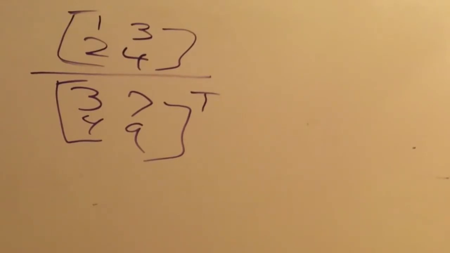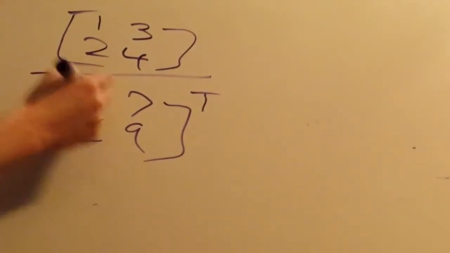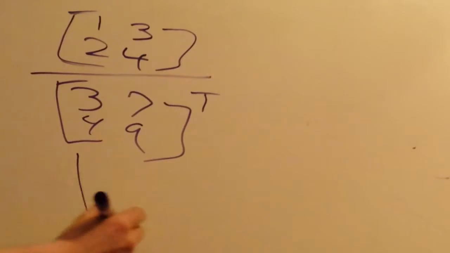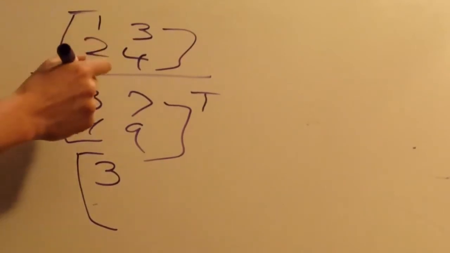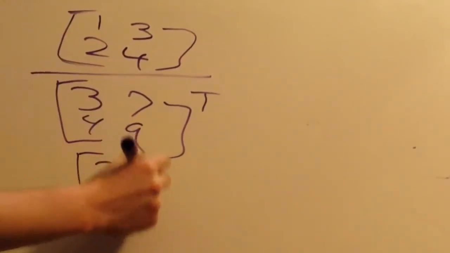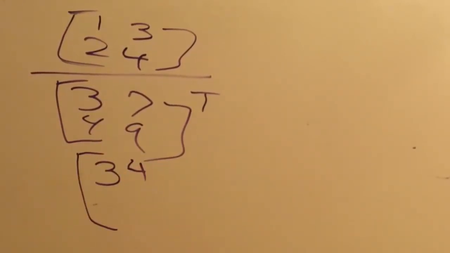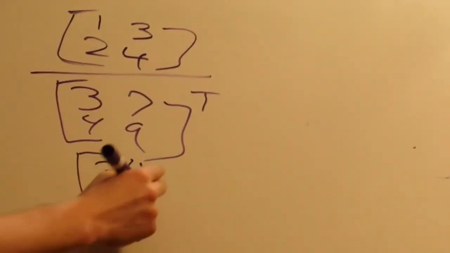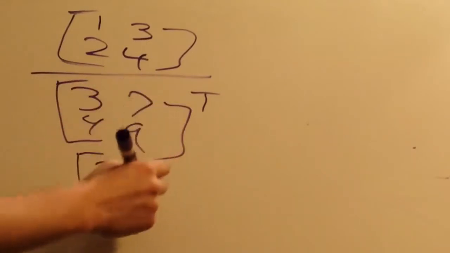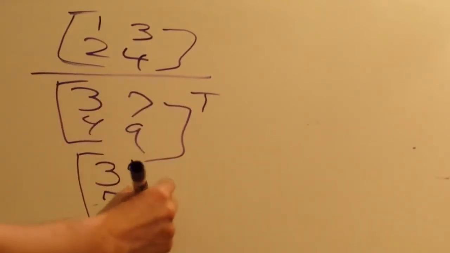And all you do is take this matrix and put it in the same spot, and then you flip columns and rows. So this column, 3, 4, becomes the new row, and then this column, 7, 9, becomes the new row. So our 3, 7, 4, 9 becomes 3, 4, 7, 9.